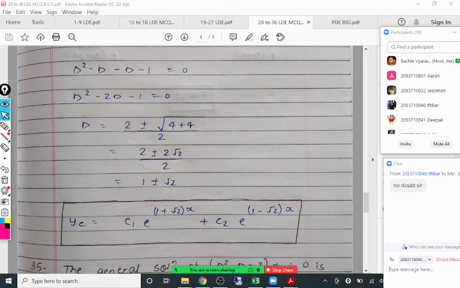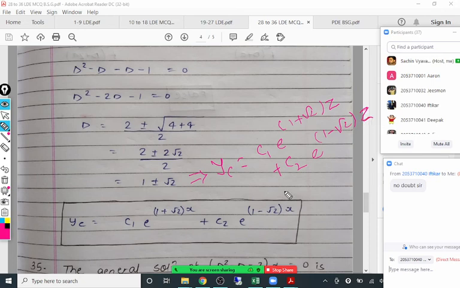If these are the roots, your answer should be in terms of z, na? Because it is a transform. Whenever it is a Cauchy's form, you should be careful. YC should be C1 e raised to (1 plus root 2)z plus C2 e raised to (1 minus root 2)z. And now you can replace z by log x.